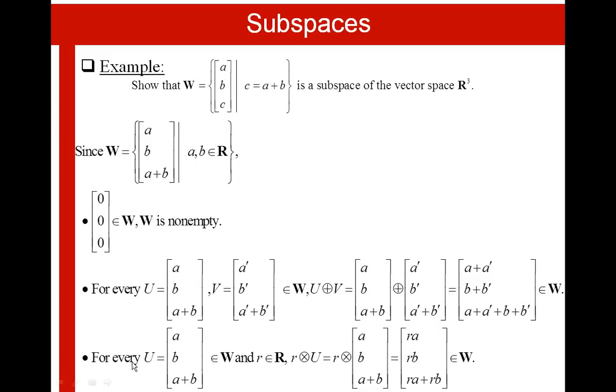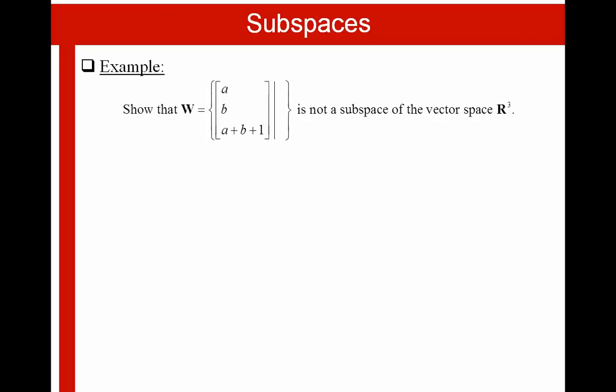Also, if we take any vector U or V that belongs to W and multiply it by a real number, we obtain the output RA, RB, RA plus RB, which also belongs to W since it has the same form as this one. All these three indicators show that this subset W is a subspace of the vector space R3.